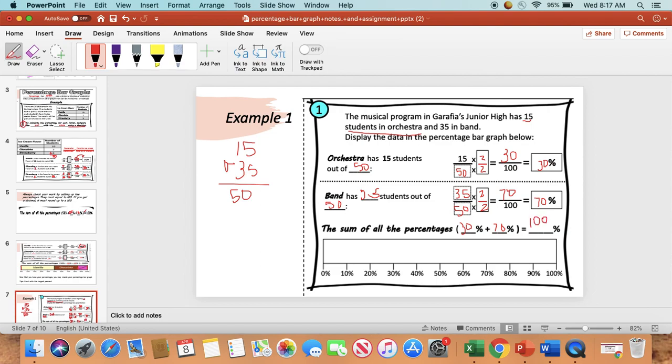Okay, so now that we have our percentages, let's create our percent bar graph. So starting at 0, and again, it's cut into 10%, so in tenths. So starting at 0, I'm going to cut this section all the way up to 70. Okay, so I know it's a little hard, guys. Whoops, I'm going to erase that.